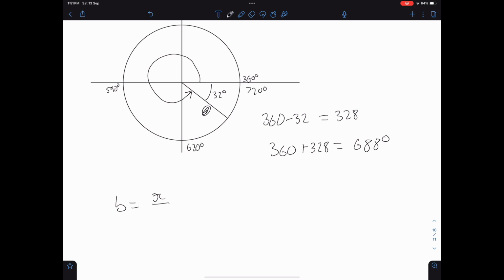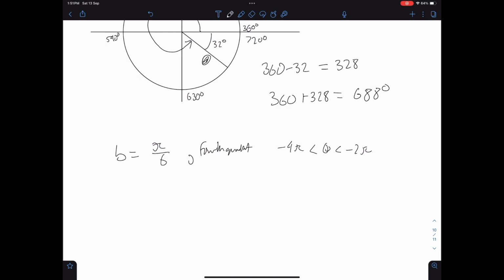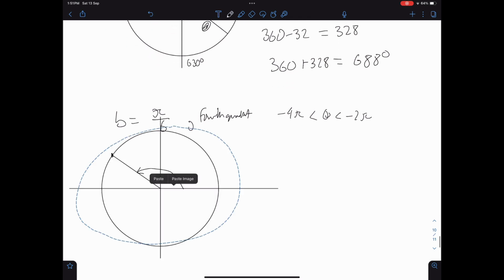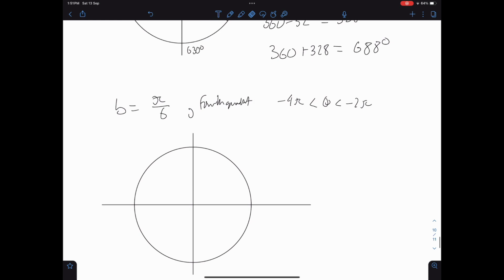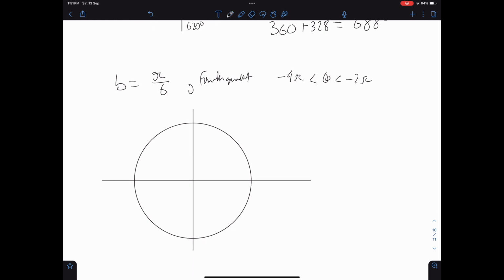And additionally, we could do a bit in radians as well. B equals pi over 6, fourth quadrant, minus 4 pi, minus 2 pi. And remember, this domain is telling us we're doing a clockwise rotation. So you'd pop up your unit circle again, and then think about it. Okay, we start at negative 2 pi.